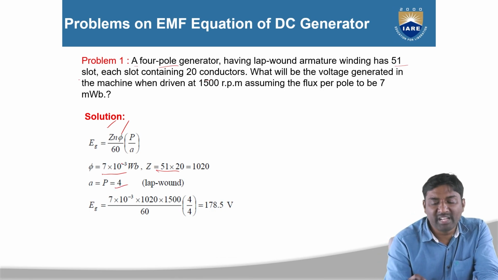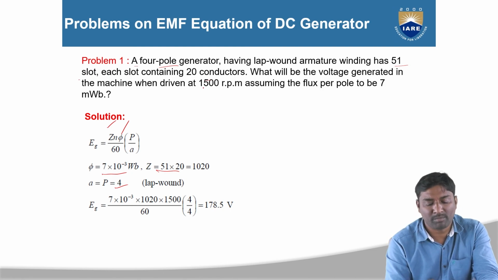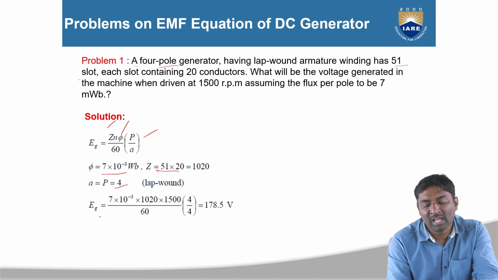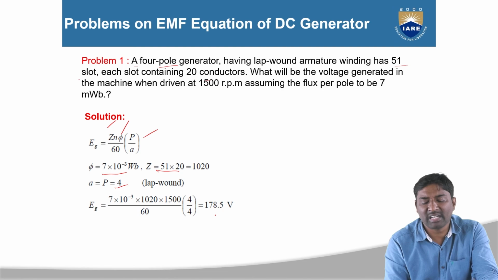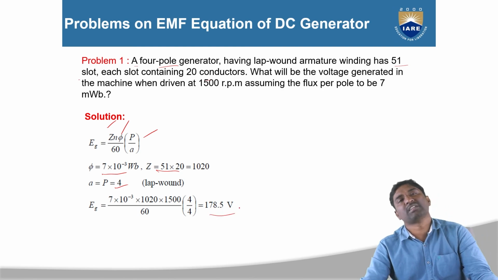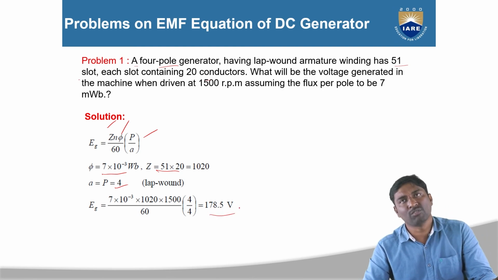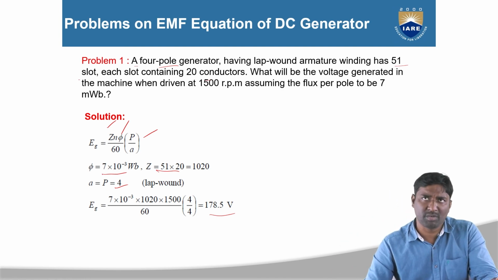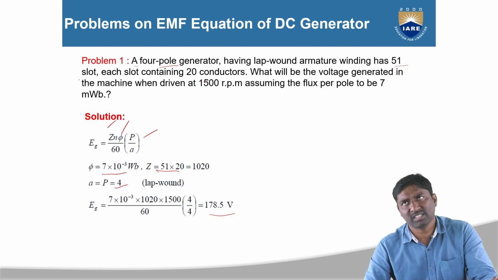The speed given is 1500 RPM. Substituting all these values in the equation, I get the generated induced EMF equal to 178.5 volts. So this is the example problem for the EMF equation of the DC generator.